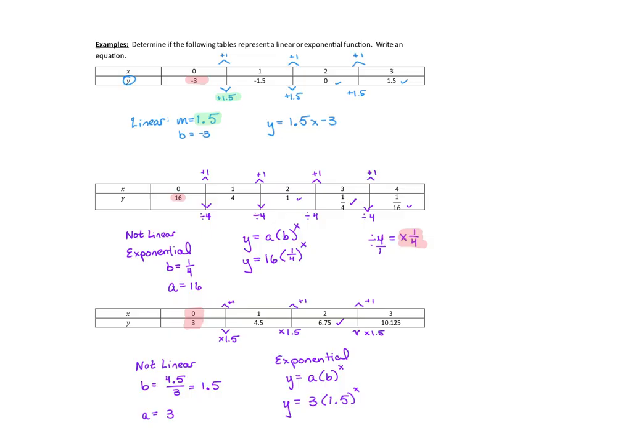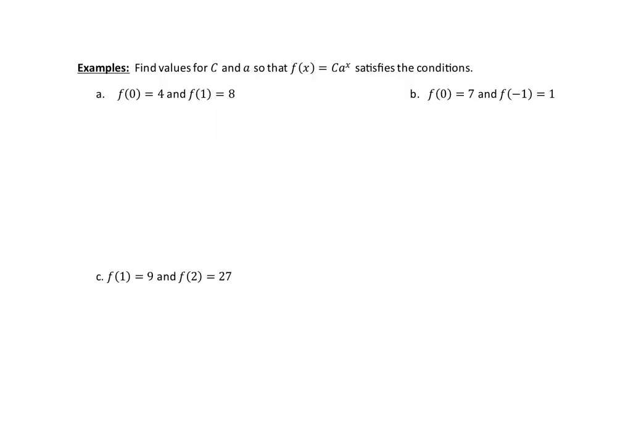Let's go ahead and continue and see what we can do next. The next thing that we're going to look at is creating an equation given 2 points. That's all we really need in order to come up with an equation.